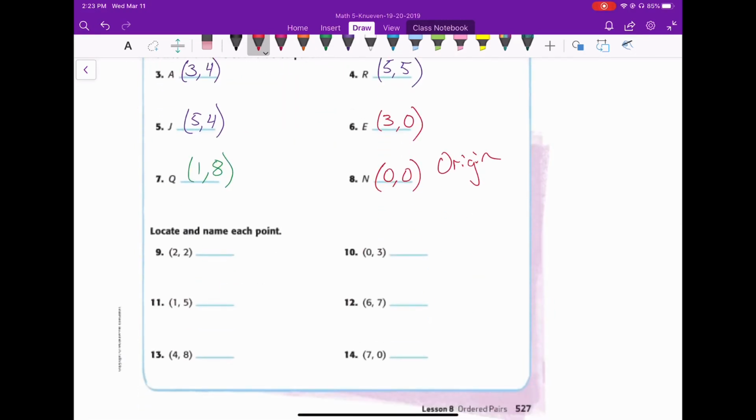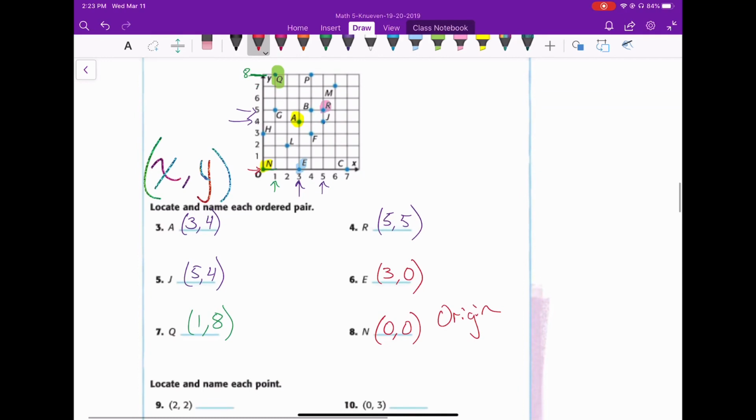Locate the name of each point at 2, 2. So if I'm going to find 2, 2, I'm going to erase all of these marks so we can make it a little bit easier to identify.